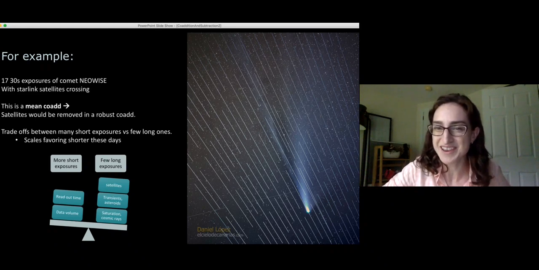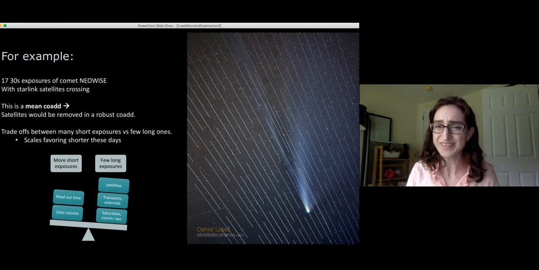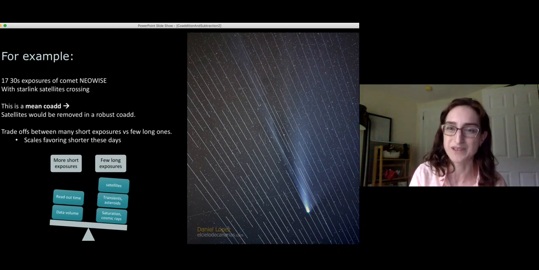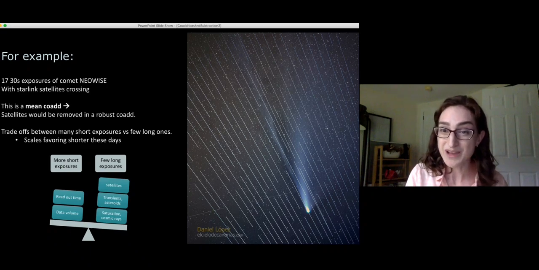So why don't we just take thousands of 1-second exposures? There's downsides to that as well. There is finite readout time and also data volume considerations. The more images you have, the more disk space it takes. And any of you who have been to a telescope know that the readout time can be infuriatingly slow.